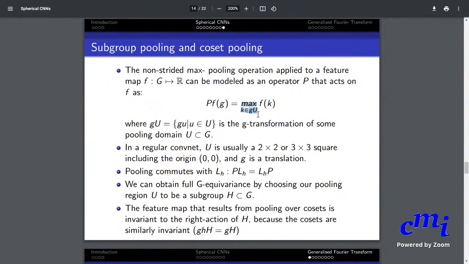In the end, you are saying that pooling over cosets is invariant, and you can obtain full G invariance by choosing the pooling region U to be a subgroup. So the first bullet point is a more general definition where U is not necessarily a subgroup. That's the first remark. The second remark is about practical purposes.